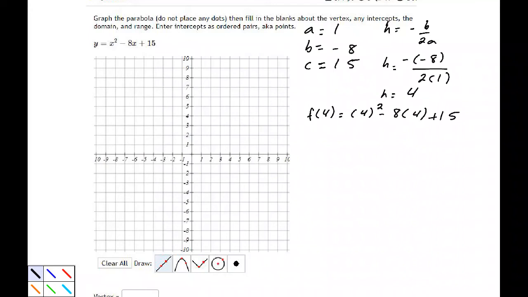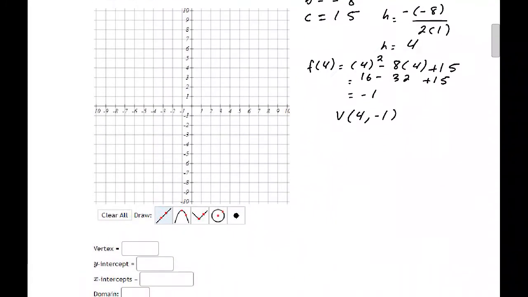Now 4 squared is 16, so this will be 16 minus 32 plus 15. It should be negative 1. Yes, that is equal to negative 1. So our vertex is the point (4, -1). I label that as V(4, -1) to indicate the vertex.